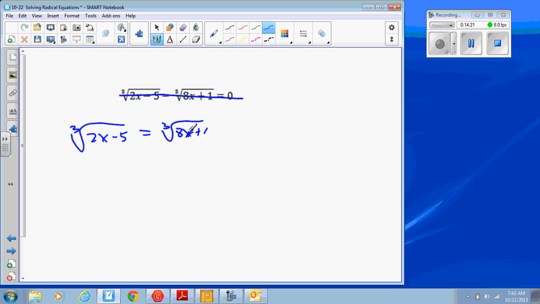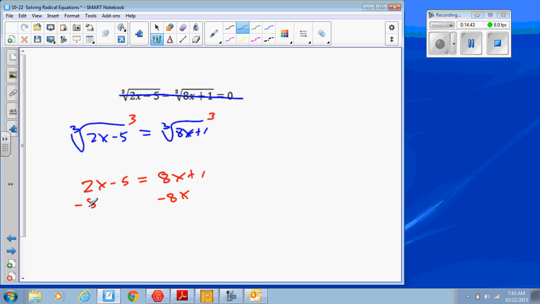So at this point, we basically have a cube root. We're just going to do the same thing we did in the last problem. We'll cube both sides. And I have 2x minus 5 equals 8x plus 1. And I solve this one, get all the x's on one side. I want my x's on the left side. You don't have to do it that way.